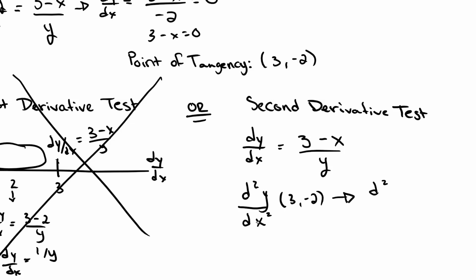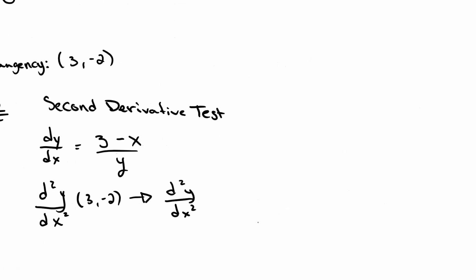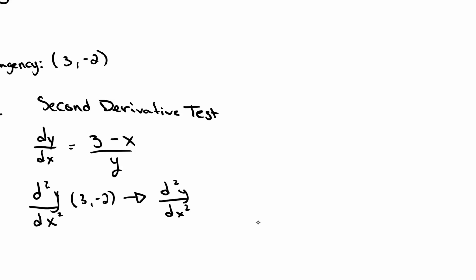So for our second derivative, we're thinking about, what do I have to do to find the derivative here? Well, you'll notice we've got a fraction, we've got a numerator and a denominator function.